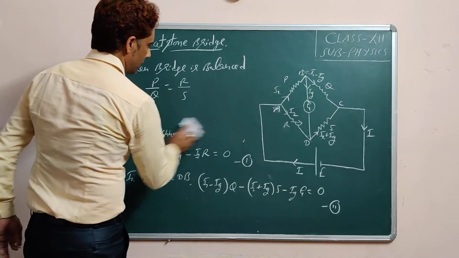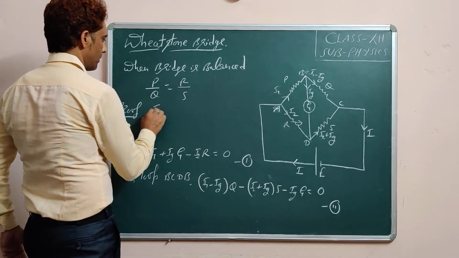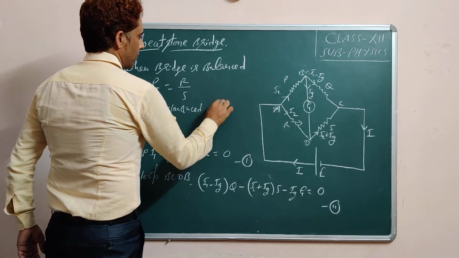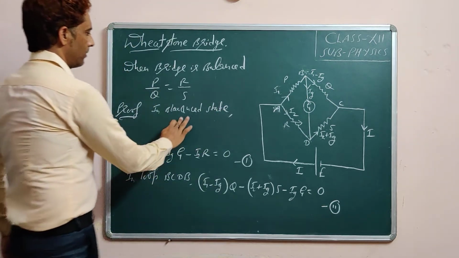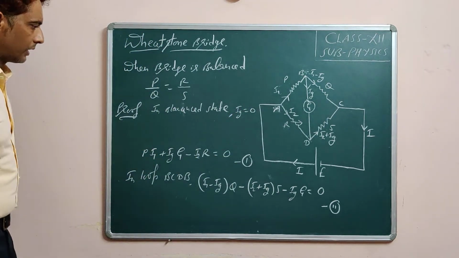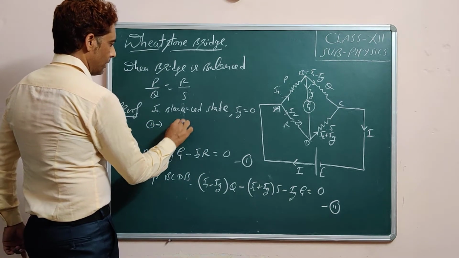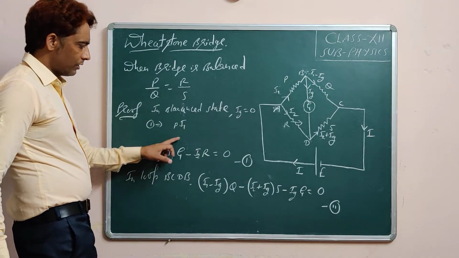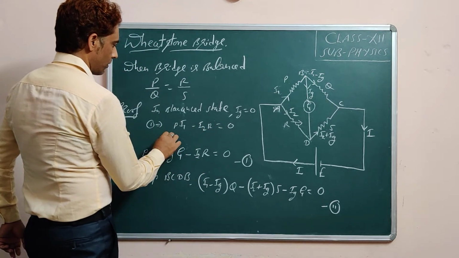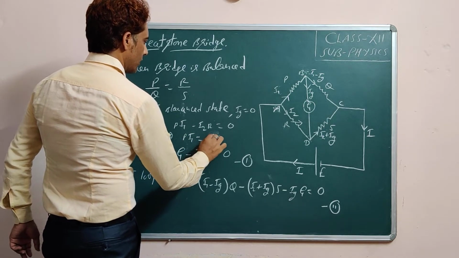So in balanced state, Ig is equal to 0. In that case equations 1 and 2 imply, so when Ig is equal to 0, equation 1 implies P I1, here this term becomes 0, minus I2 R is equal to 0, or this implies P I1 is equal to R into I2.